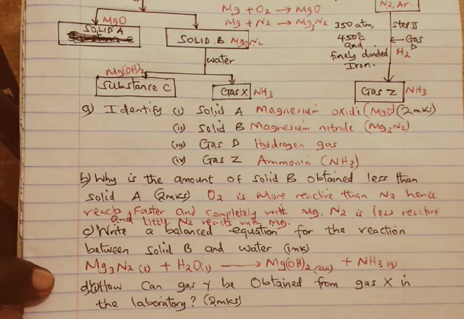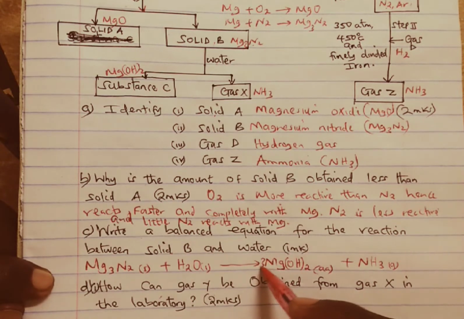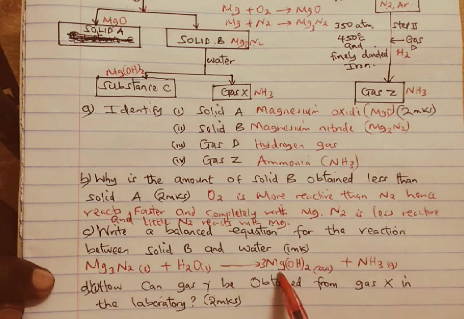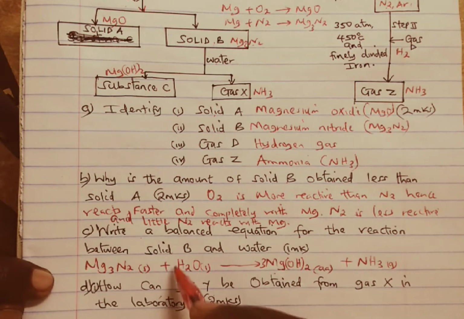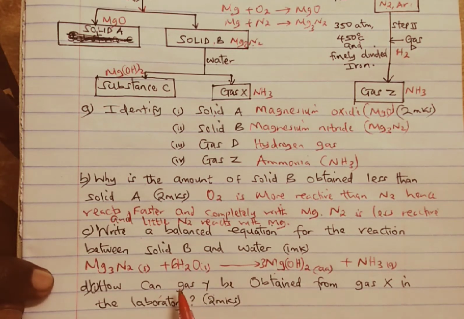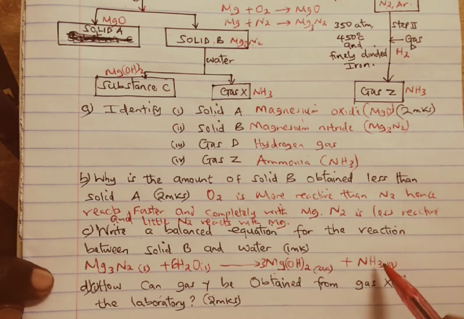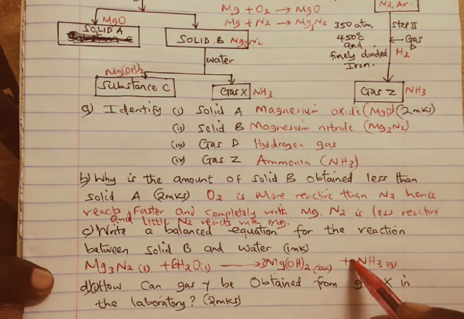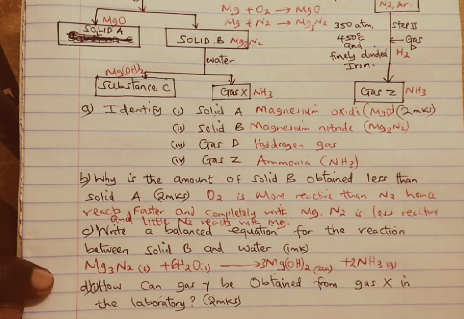This equation can be balanced, so we write 3 behind magnesium hydroxide. We can also write 6 behind water so that we can balance the hydrogens. Then we can write now 2 behind ammonia so that the equation can be balanced.